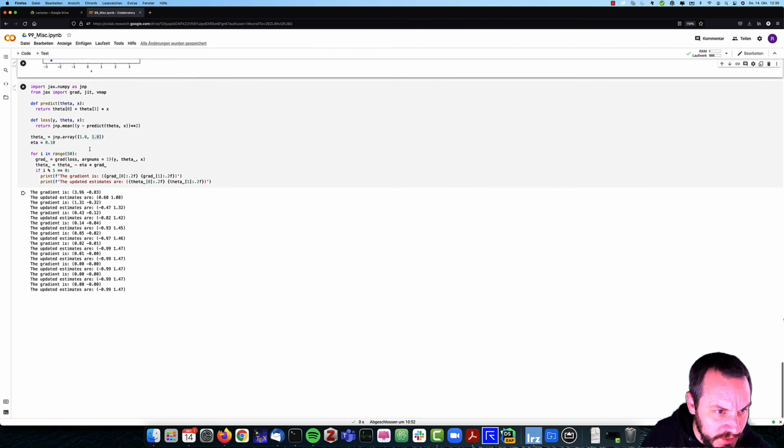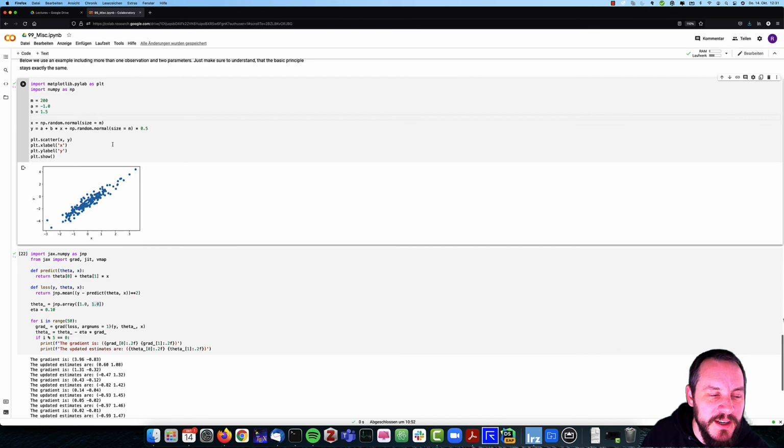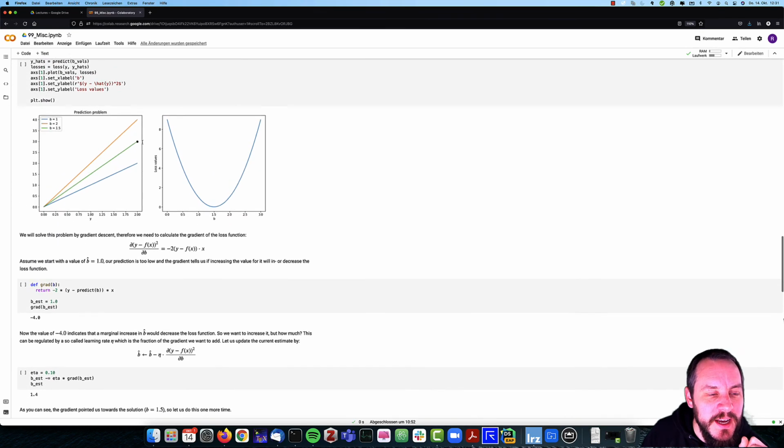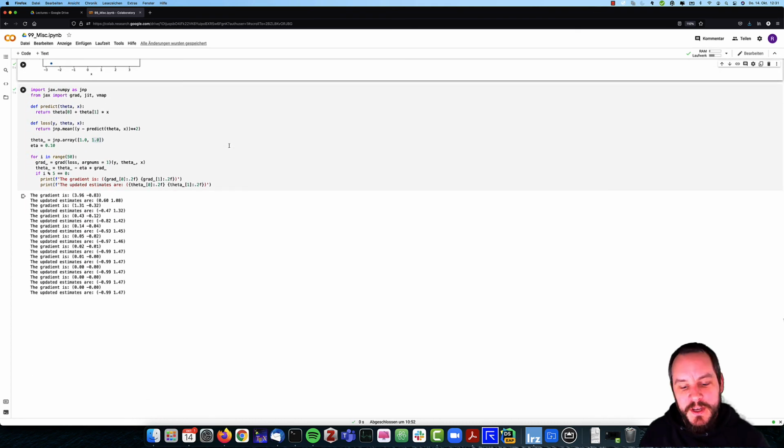But here you can see again that the basic principle is exactly the same, even though we have a slightly more complex model than in the example above. And the good thing is this also works for more advanced models. Okay, that's enough for the moment.